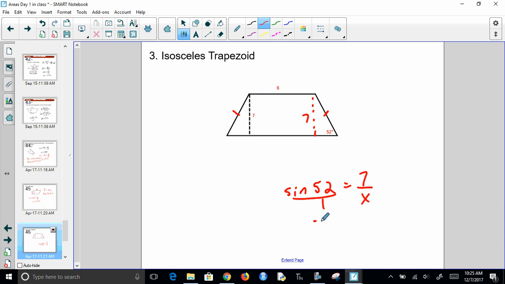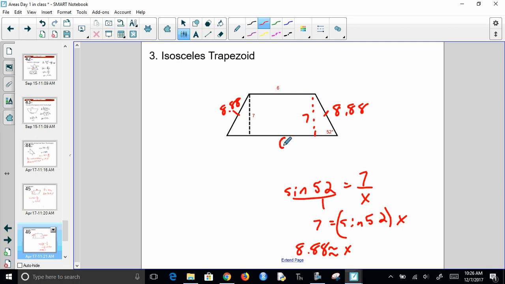Cross multiply, that's going to be 7 equals the sine of 52 times x. So now to find x, I take 7 divided by the sine of 52 to get 8.88. Great.